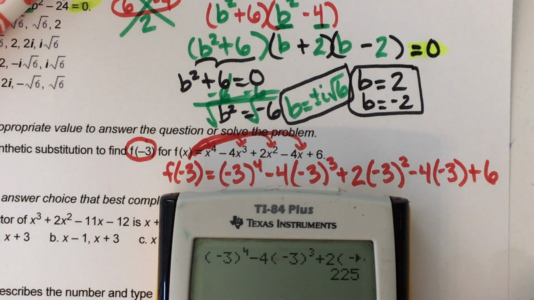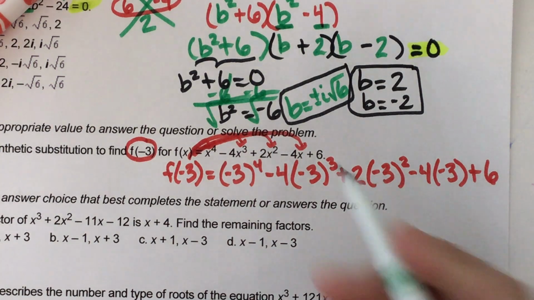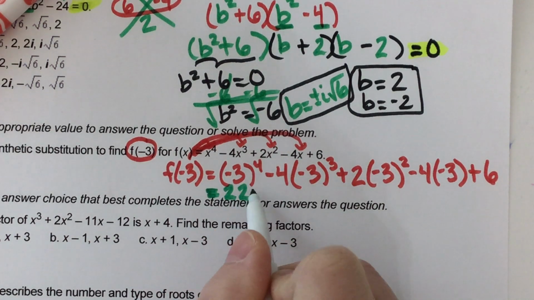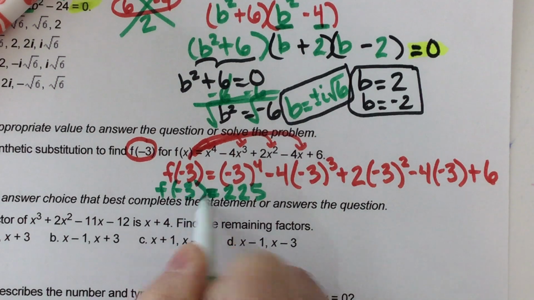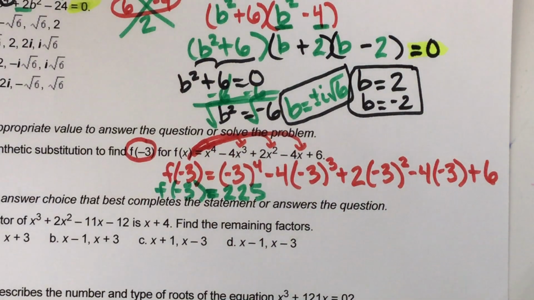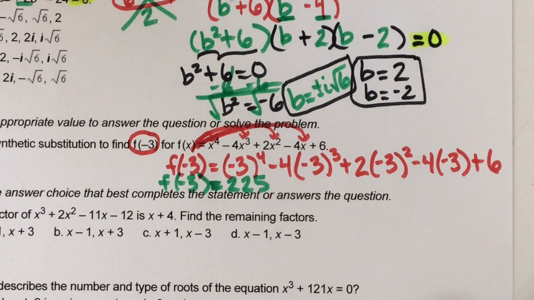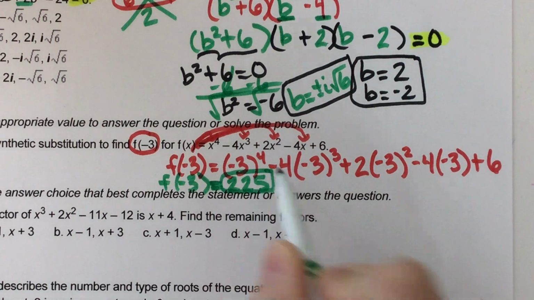But you could have done this with synthetic division as well. I just don't see the need to do it with synthetic division, other than the fact that you've been working on synthetic division in the last 2 units of Unit 7. Okay, so that is f of negative 3. And if you had to type this answer in, you would just type in the 225. That's all you would answer in.